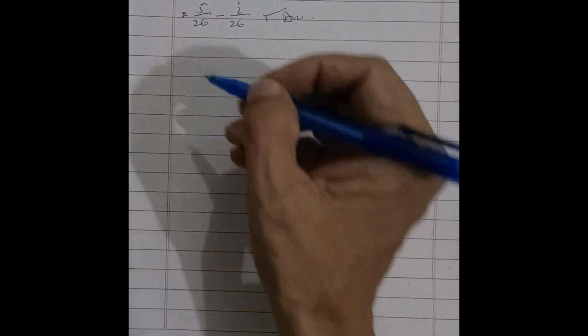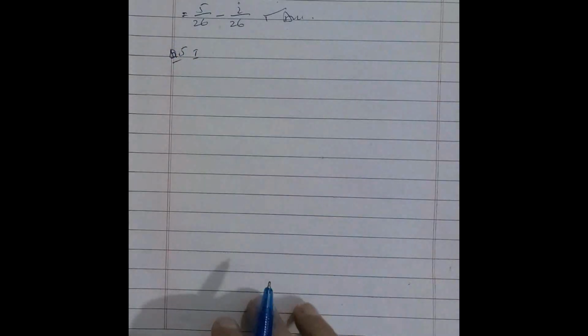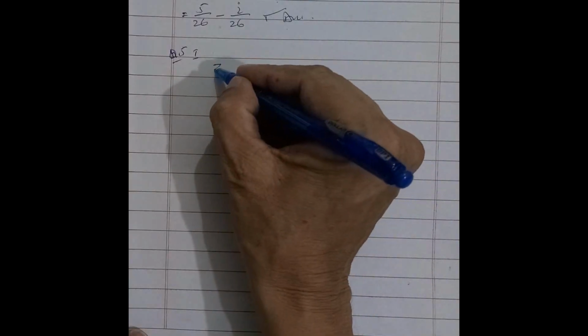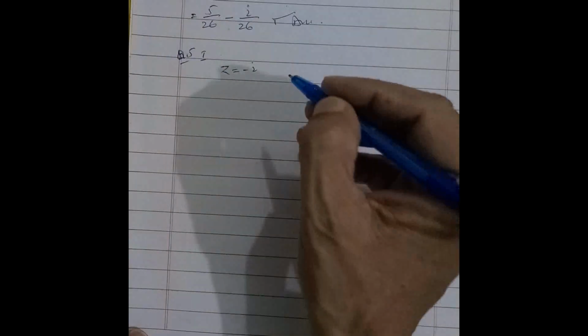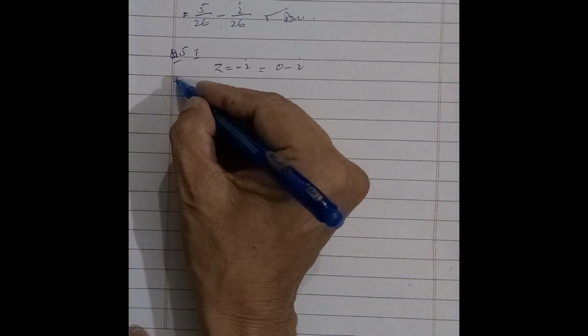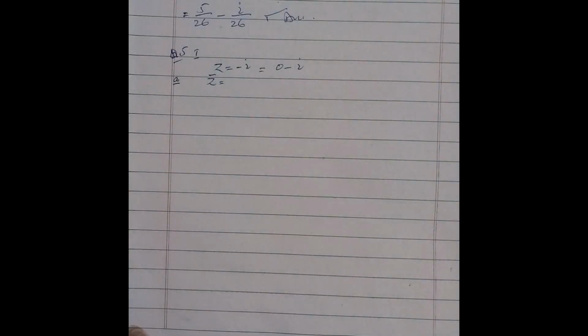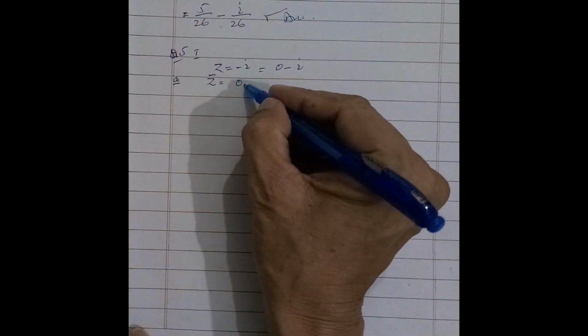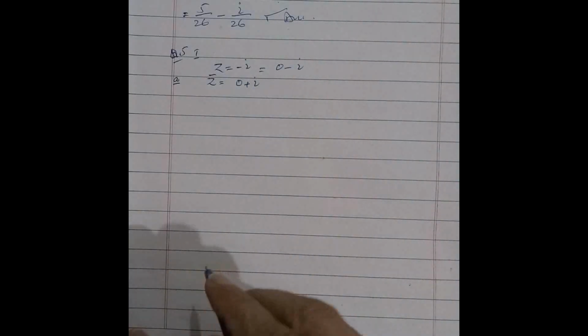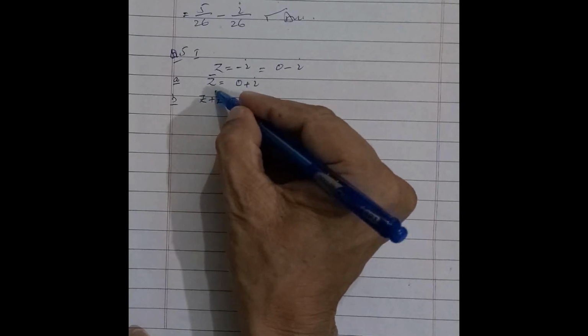The next question we start is question number 5, part 1, which is z is equal to minus iota, and we write it 0 minus iota. The A part, we find z bar, mean conjugate of the complex number, which is 0 plus iota, and the B is z plus z bar.